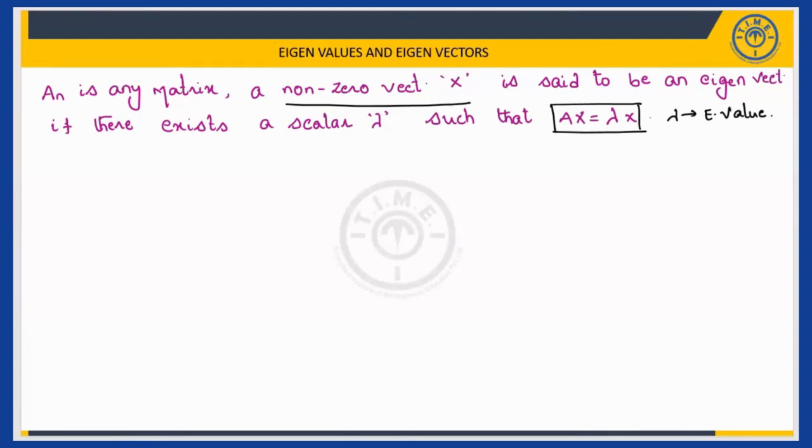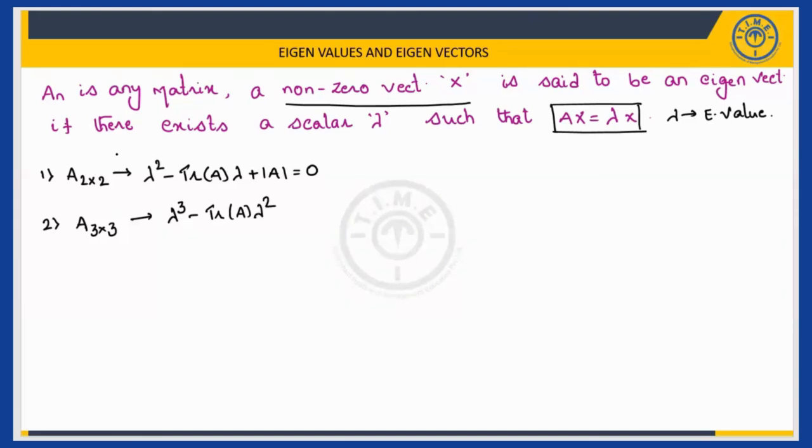Okay. And when you look into the properties of these eigenvalues and eigenvectors, the first property: if I have a matrix of order 2 cross 2, then the characteristic equation is lambda square minus trace of A into lambda plus det A. And if A is a 3 cross 3 matrix, then the characteristic equation is lambda cube minus trace of A into lambda square plus sum of minors of principal diagonal elements into lambda minus det A is equal to 0.